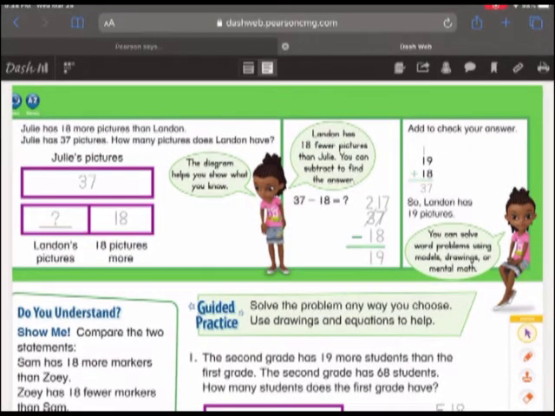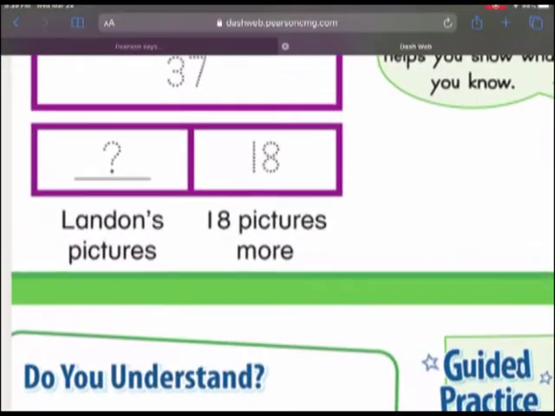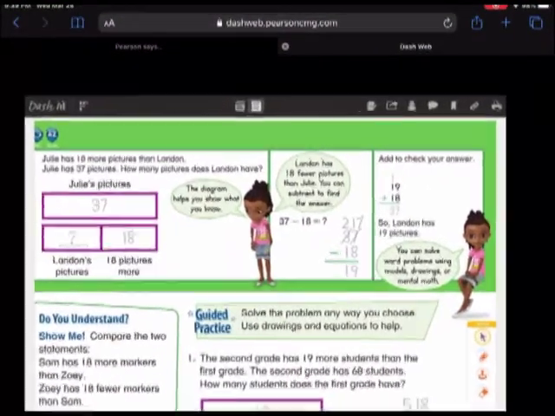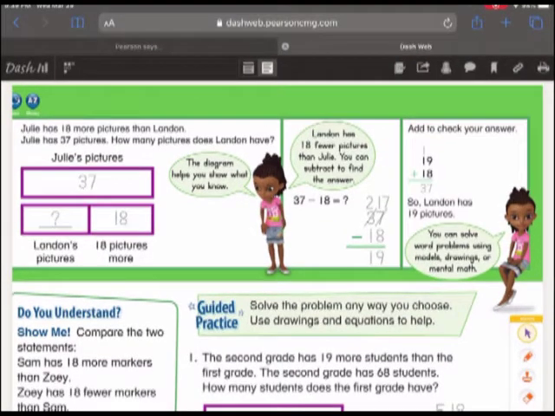What do we not know? We don't know how much Landon has. That's why there's a question mark in that box labeled Landon's pictures. Julie has more pictures than Landon, so her 37 is going to be in the bigger box.